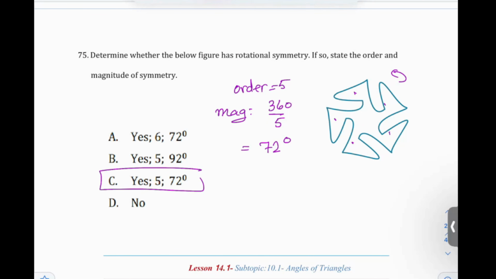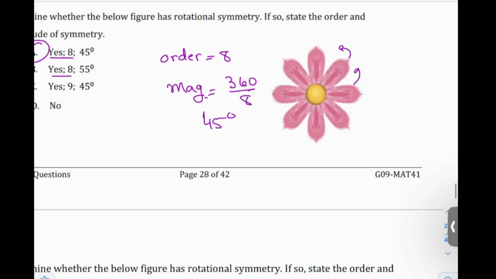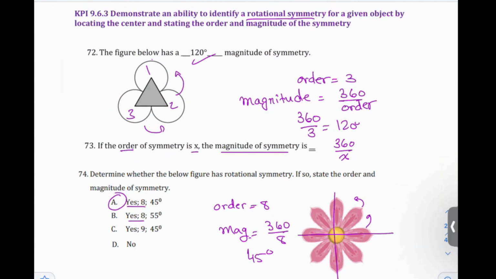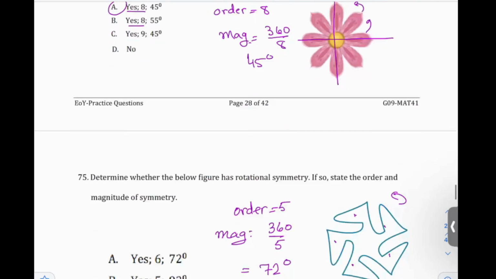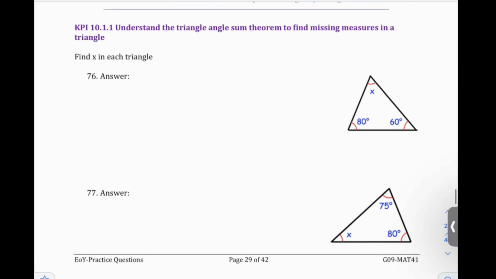That means every 72 degrees, the shape comes back to exactly the same shape. Here, every 45 degrees, and it's very clear here, by the way, every 45 degrees, it comes back to the original position. Now here, every 120 degrees, it comes back to the same as the original shape. This is the meaning of rotational symmetry.